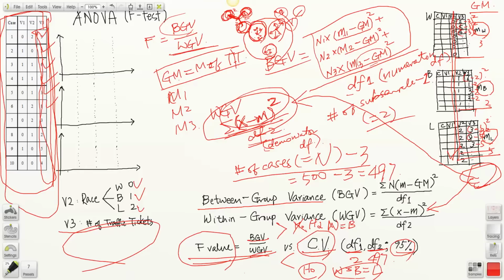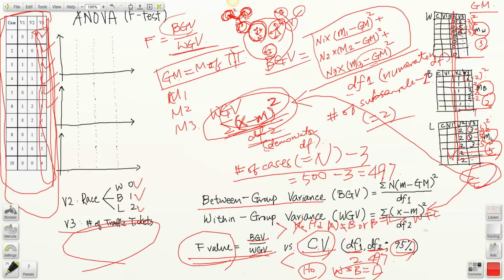Meaning that, as a matter of fact, you can know which one is higher and which one is lower because you got the central tendency already. So if you reject the null hypothesis, then you know that there's a difference. The problem is you don't know which one is significantly different from the others. That's the problem. It can be this, or it can be this, or it can be this.